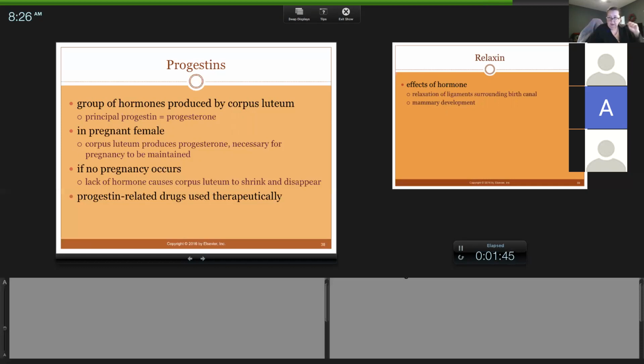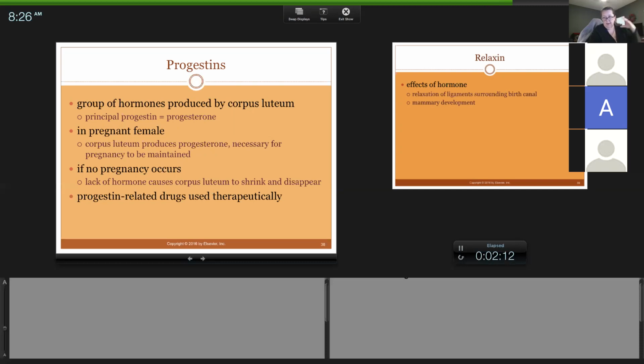If the animal becomes pregnant, then the corpus luteum is going to stay intact and keep producing progesterone. If for some reason the egg is released and there's no pregnancy, then eventually that's going to shrink and go away. So progesterone is known as the hormone of pregnancy. Progesterone, pregnancy, the words sound similar.